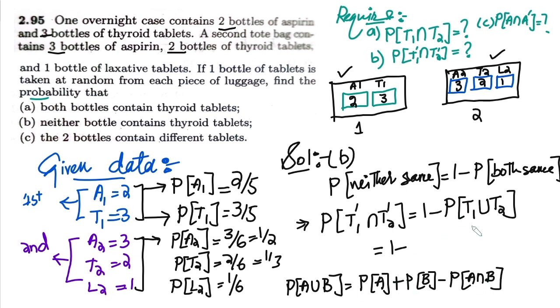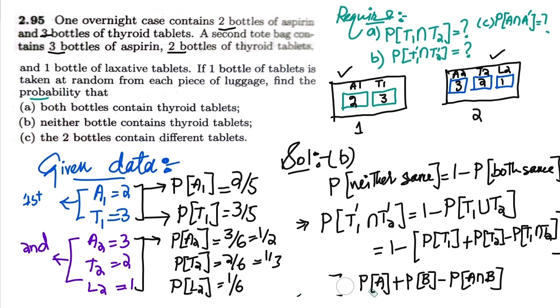So now applying the same rule here, I would get the probability of T1 plus the probability of T2 minus the probability of T1 and T2. Okay, so these are the probabilities which I have to find out.